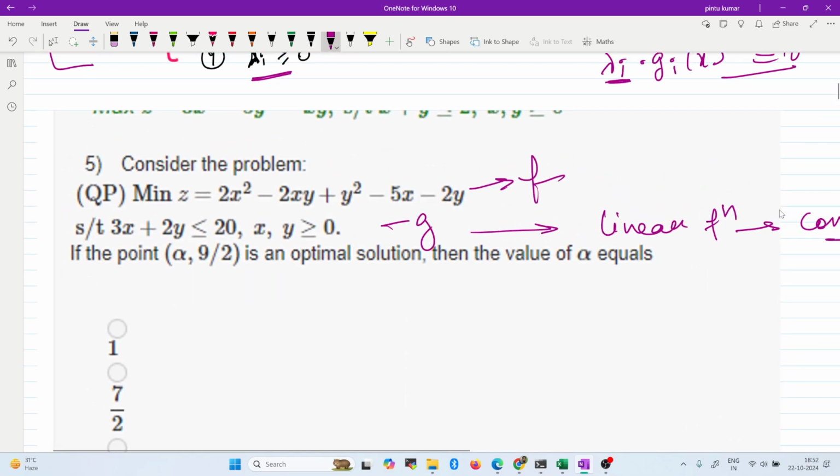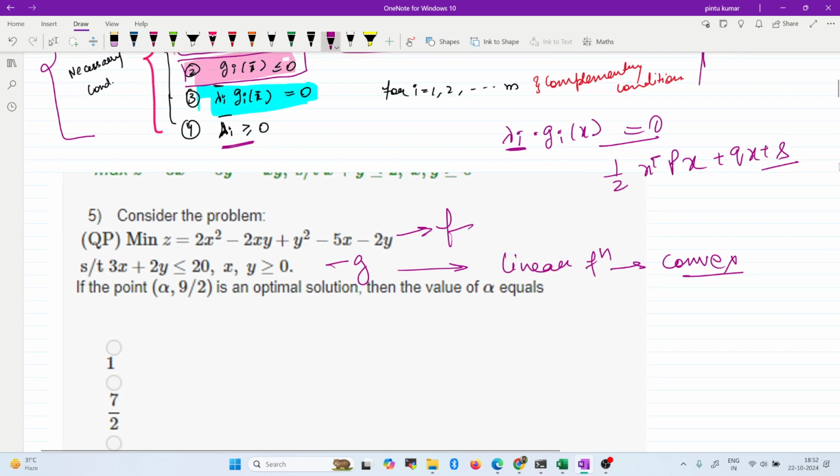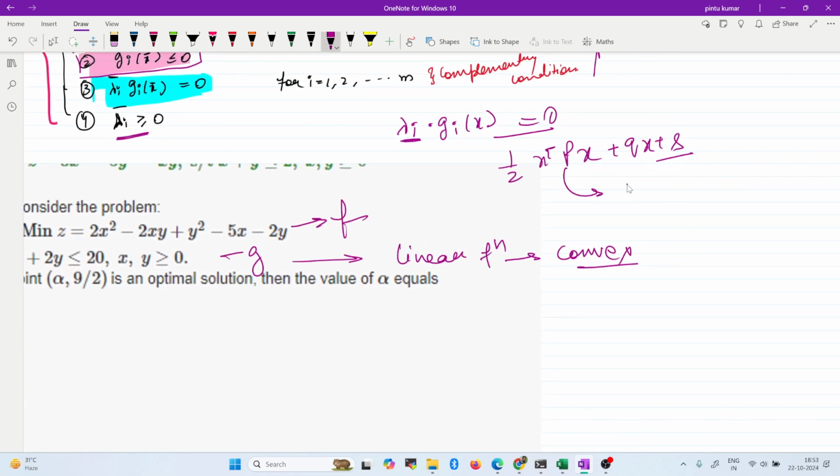Your f is a quadratic function. You remember there is a specific format of quadratic functions, plus some qx plus some s it can have. If your P matrix is positive semi-definite, then it is a convex function.